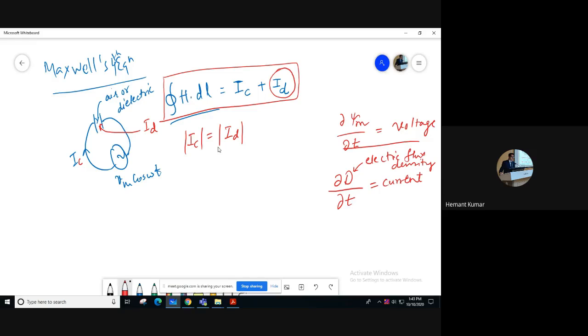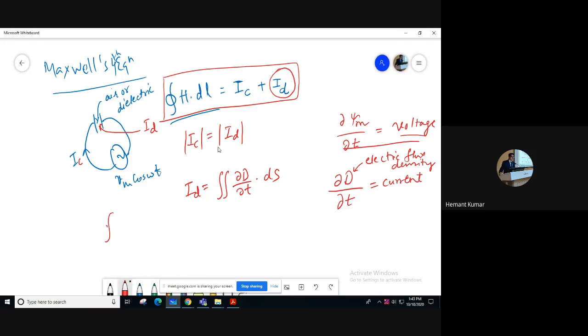According to Faraday's law, if the change in the magnetic flux is equivalent to a voltage, then change in the electric flux is equivalent to a current. So ID is equal to curl D by curl T ds.